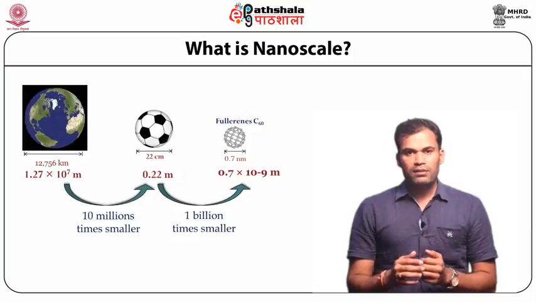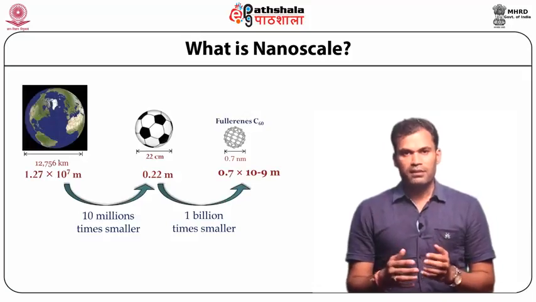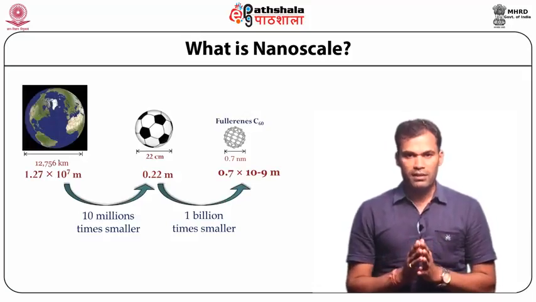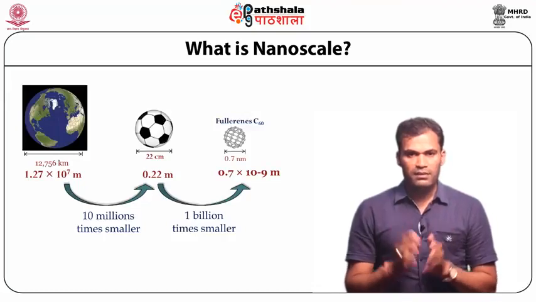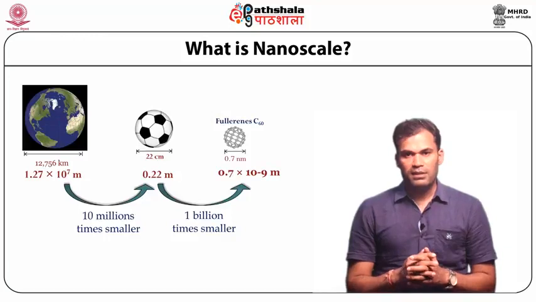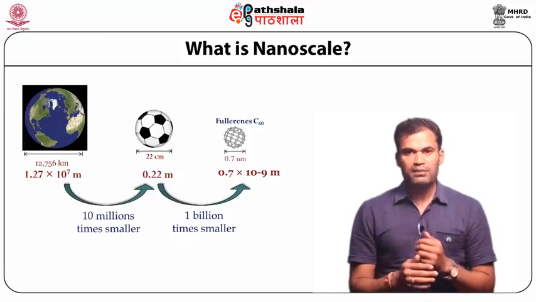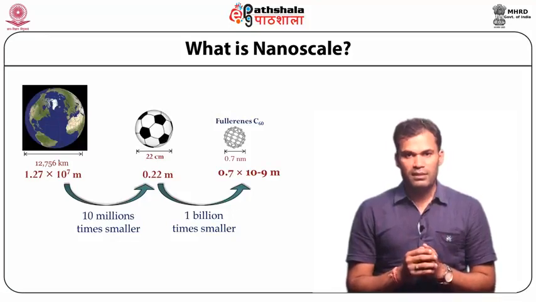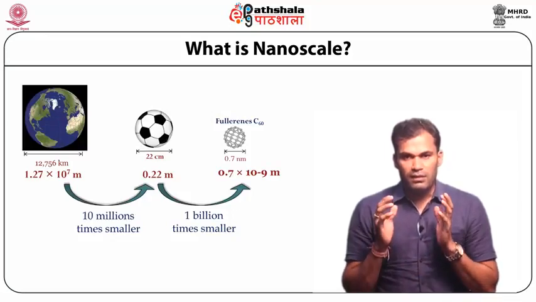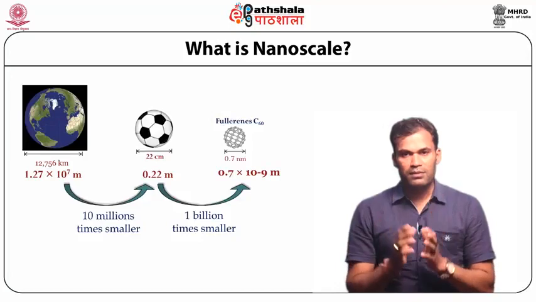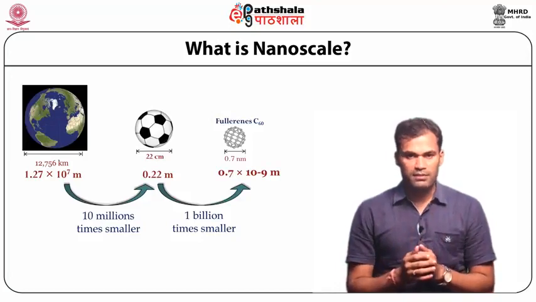So first, going into the nanotechnology discussion, we must know what the nanoscale is. As you know, Earth has a diameter of 12,756 kilometer, and a football, which you can see in the picture, has a diameter of 32 centimeter, and there is a nanotube which has a diameter of 0.7 nanometer.